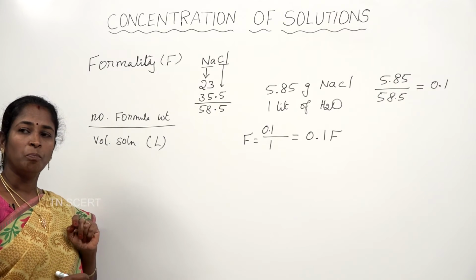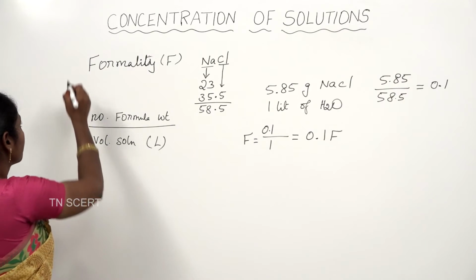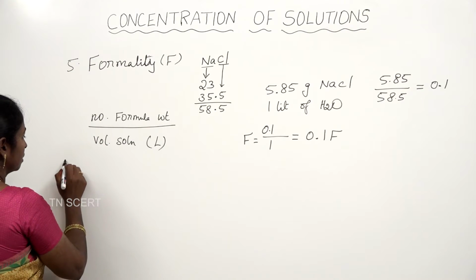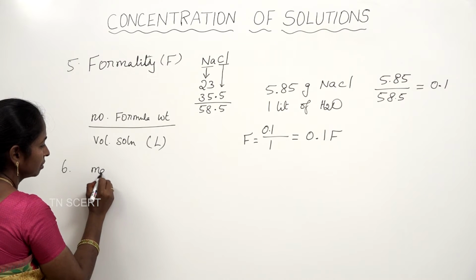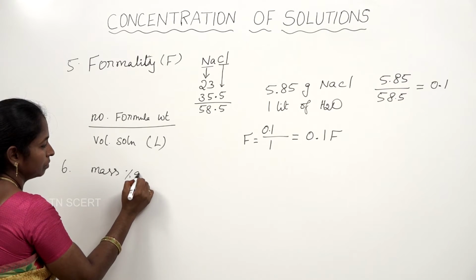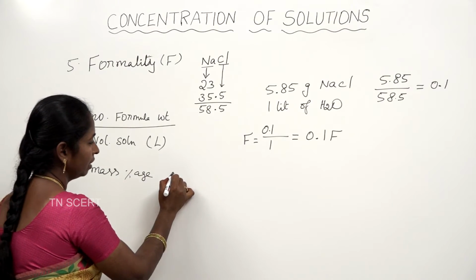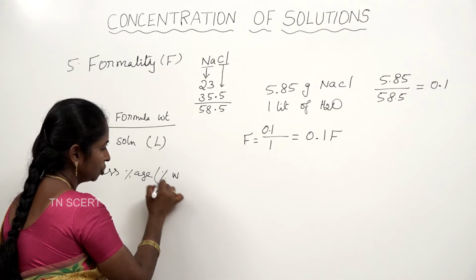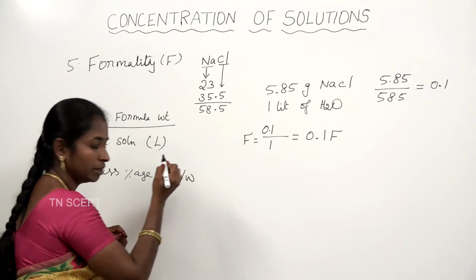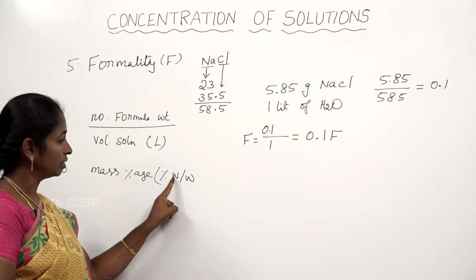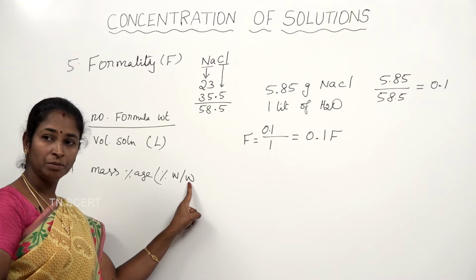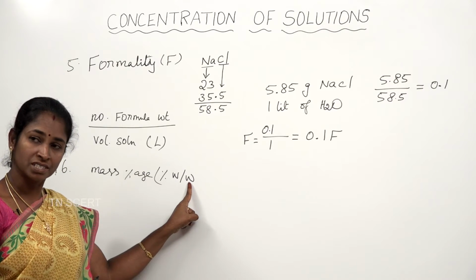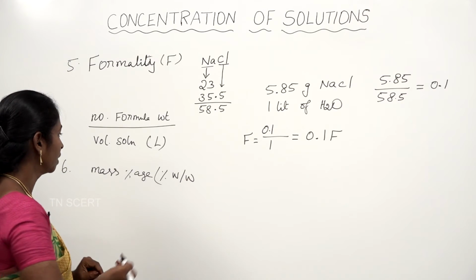Next one is mass percentage. Mass percentage is given by percentage W by W. This W is the weight of the solute in gram, and the next W indicates the weight of solution in gram.